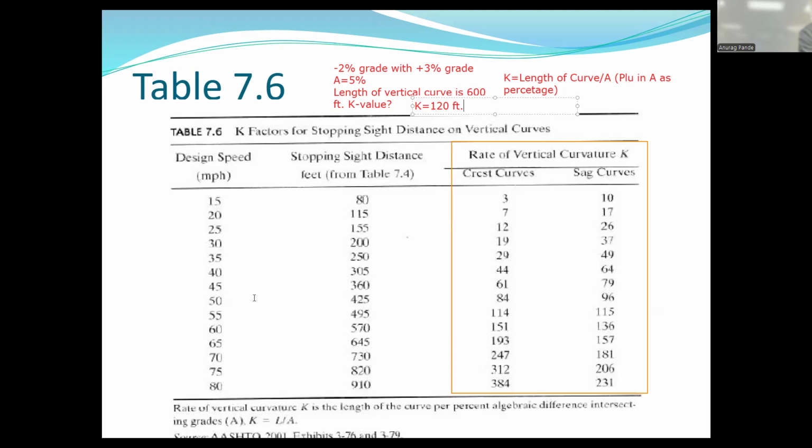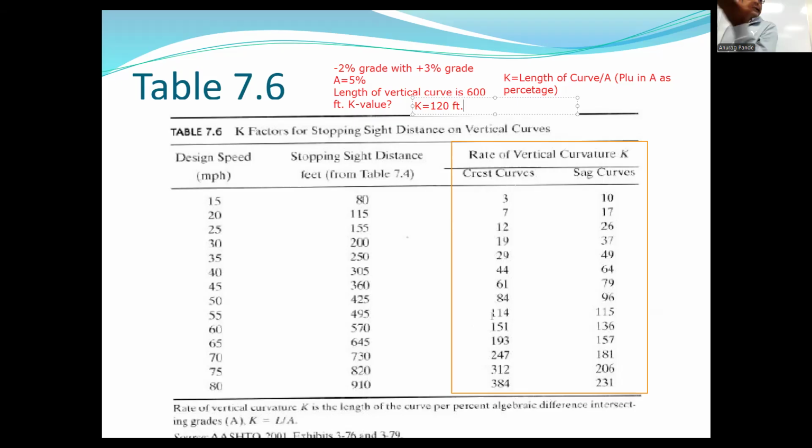55. Let's examine this response here. 55 miles per hour, the K value, but which is my critical value, the minimum K value that I need? For 55 miles per hour, I need 114 for crest curve and 115 for sag curve. What type of curve do I have?